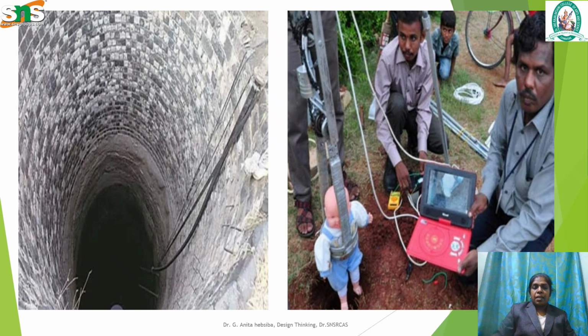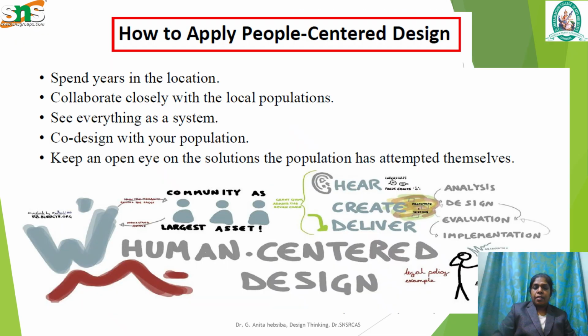Some years back, we often heard in the news that small babies were getting trapped inside very narrow borewells. It usually takes 1 day, 2 days, or even 3 days to take the small kid out of that borewell.